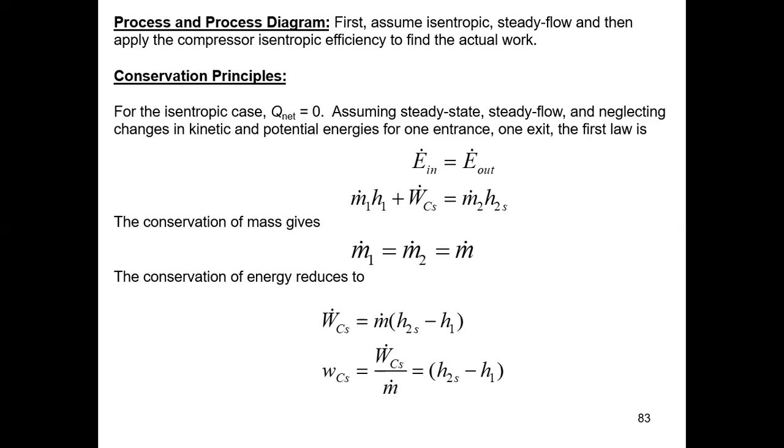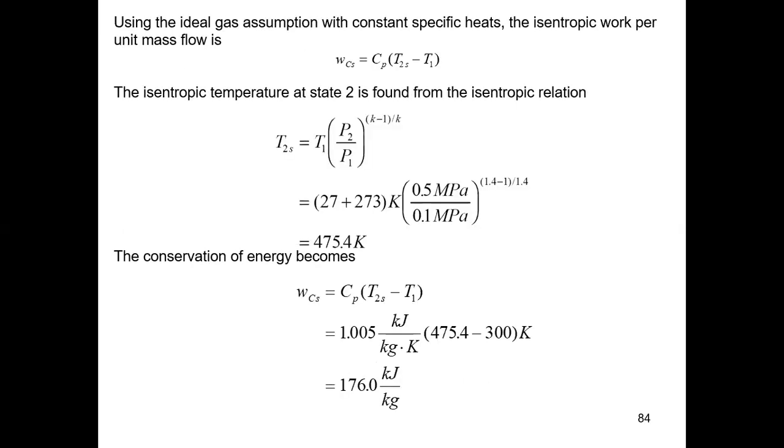So finally, WCS dot is equal to M dot times H2S minus H1. So H2S is the ideal for the isentropic process. And so WCS, the specific work, is given by W dot CS divided by M dot, which is H2S minus H1. And isentropic work is given by Cp times T2S minus T1. So we need to find T2S using the relation, which is 475.4. Conservation of energy becomes WCS equals Cp times T2 minus T1, substituting the values.